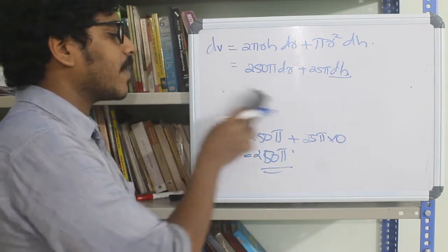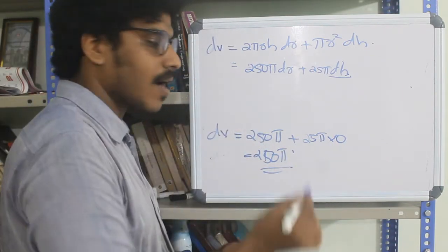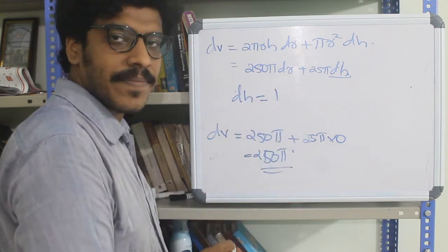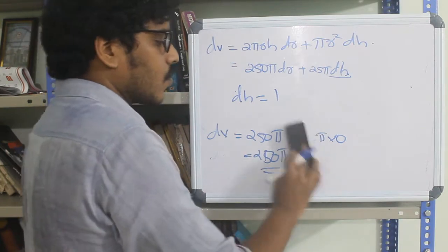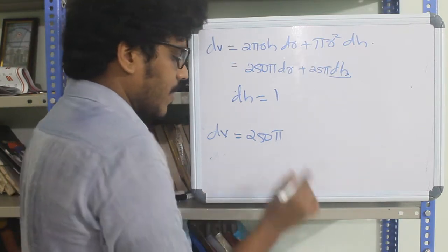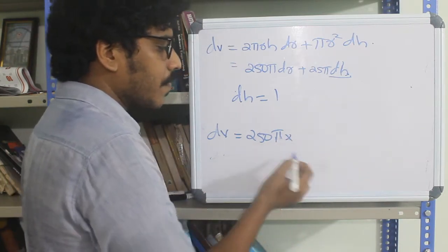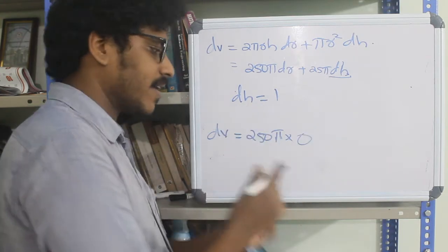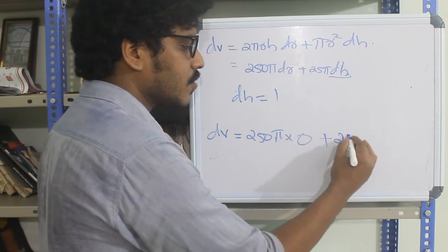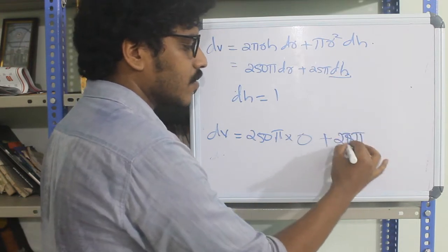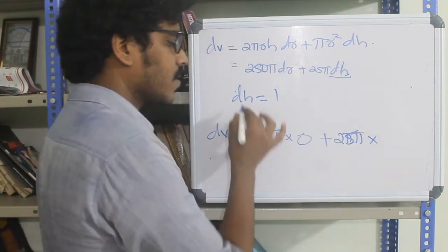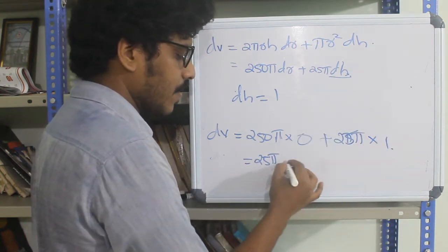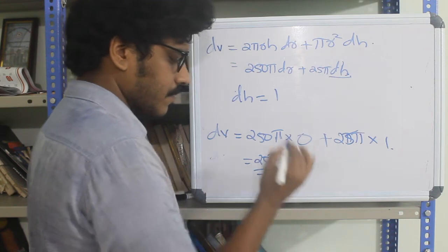Similarly, what happens if you make a change in height, not in r? r remains the same, and you make a change of 1 unit in height. So the equation for dV becomes 250π into dr, which is 0 since we haven't made any change in the radius, plus 25π into dh, which is 1, so it will be 25π.